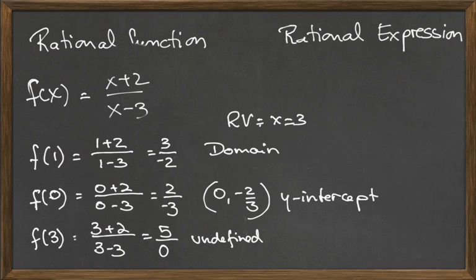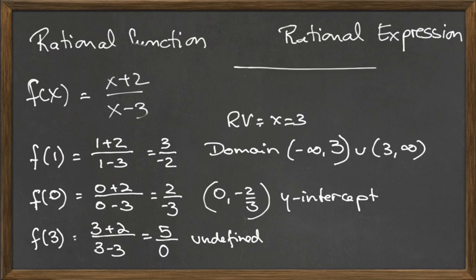This would be the domain in words. In symbols, we have to write it in interval notation. Negative infinity to 3, parentheses, meaning that the number is not included, union 3 to infinity. This would be the interval notation.